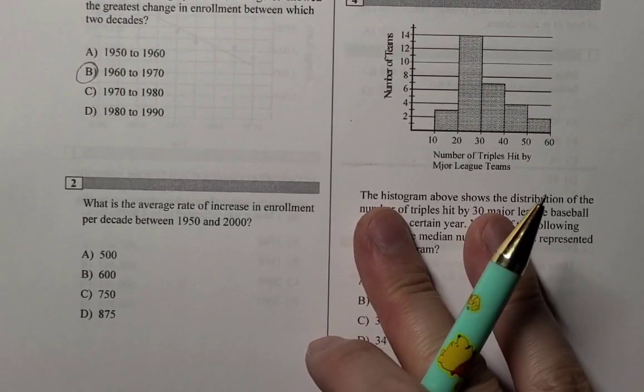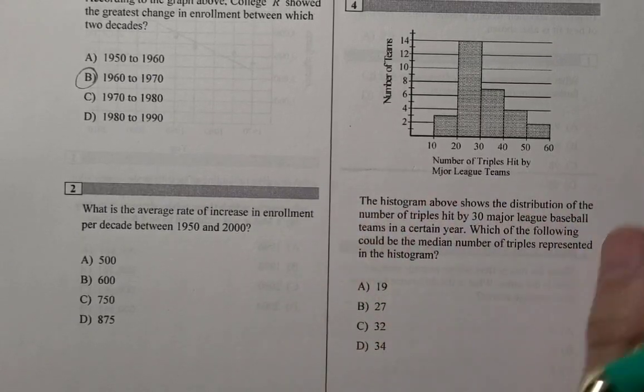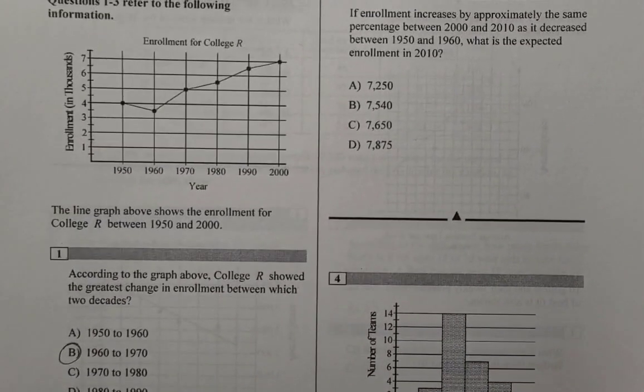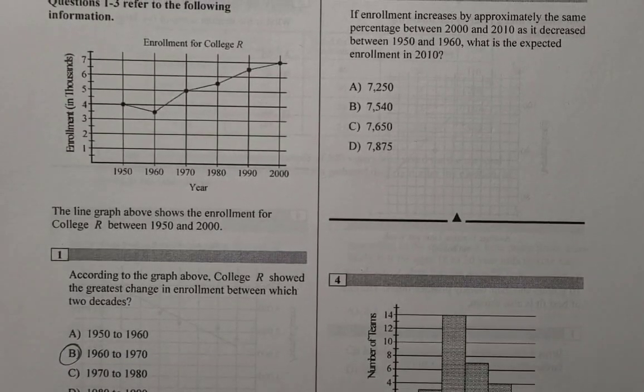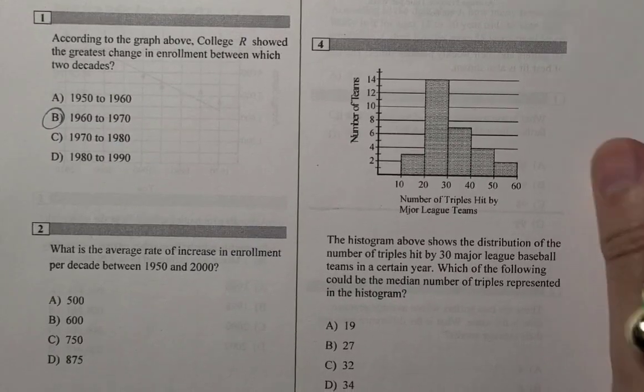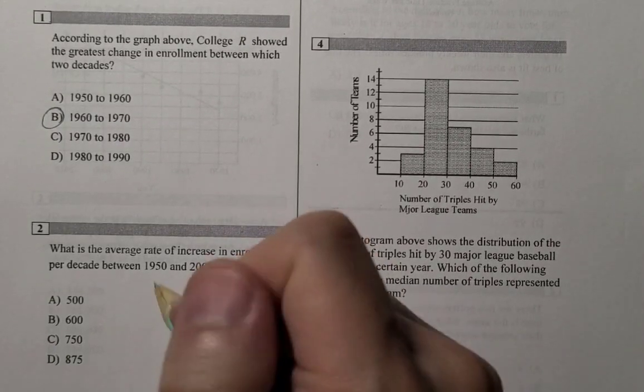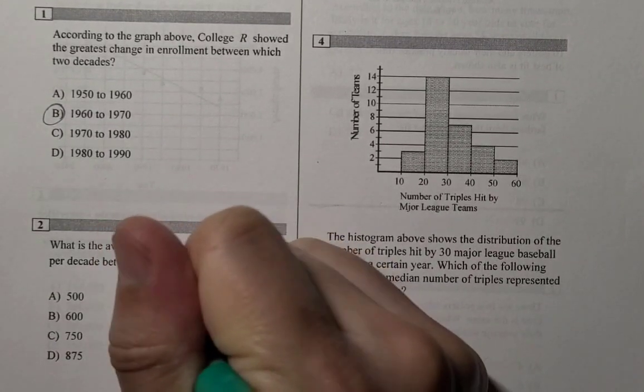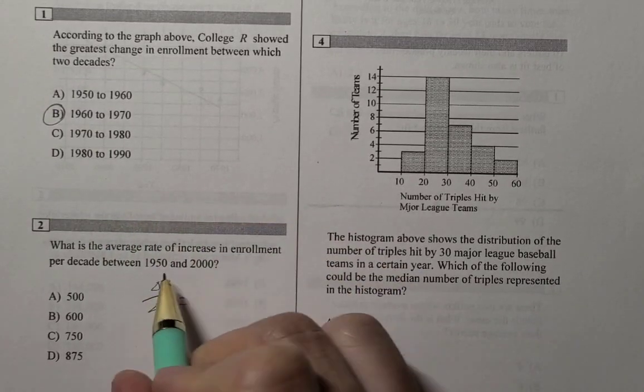What is the average rate of increase in enrollment per decade between 1950 and 2000? So go ahead and try this one. Average rate of increase, or the average rate of change, hopefully you remember how to do that. It's just the change in y over the change in x between those 2 points.